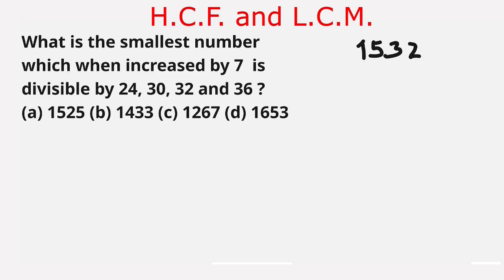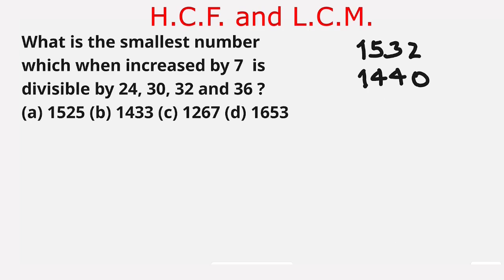So option A cannot be our answer. Option B, 1433. If we add 7 to it, it will be 1440. The sum of digits, 1 plus 4 is 5, plus 4 is 9. This is divisible by 9. So option B might be our answer.